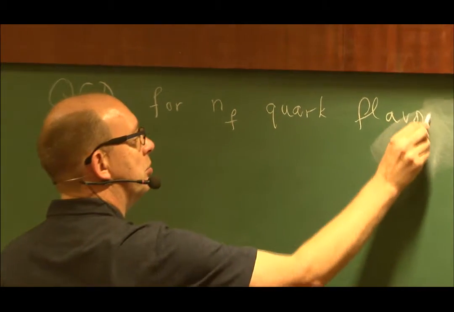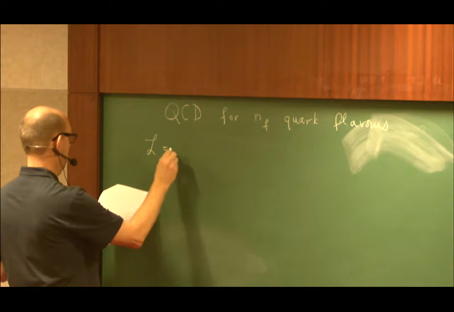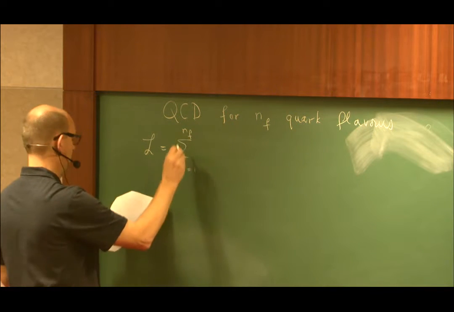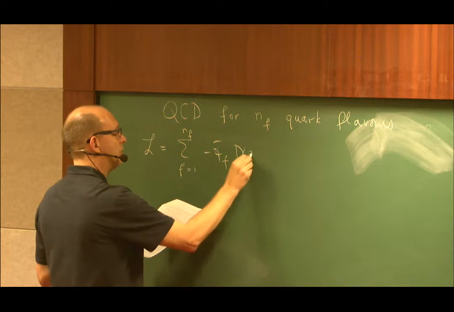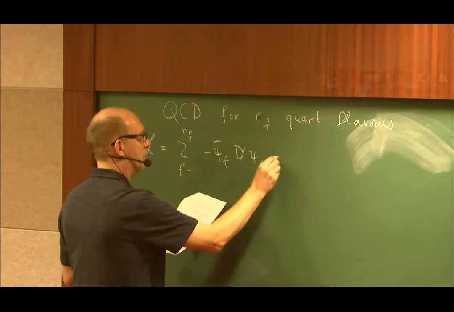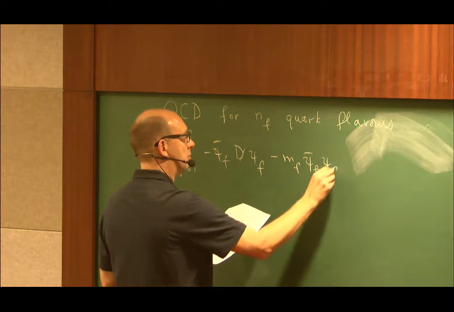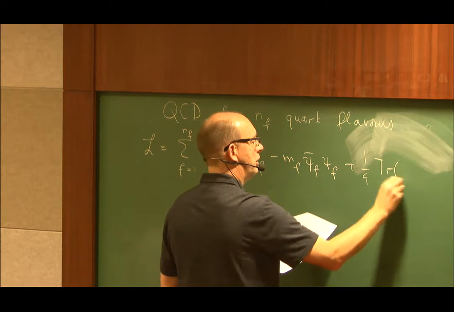I better stick to British spelling, it's also in the text. The Lagrangian is the sum from f = 1 to N_F of minus psi bar_f (D slash minus m_f) psi_f, plus a quarter the trace of G_μν.